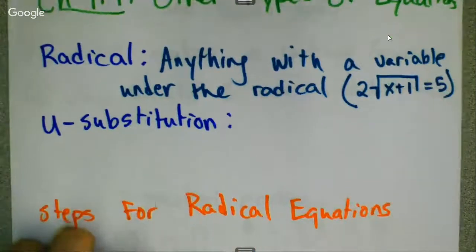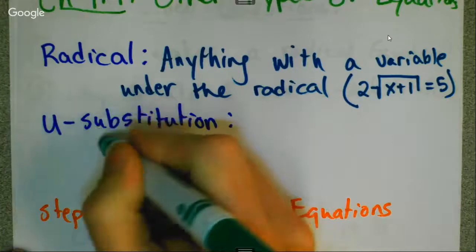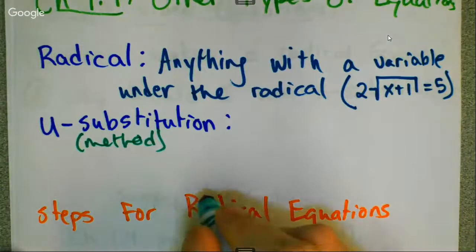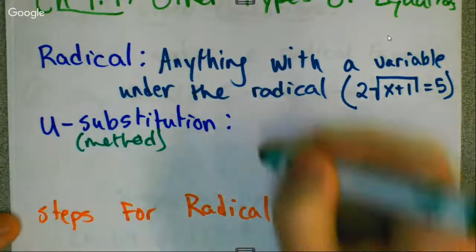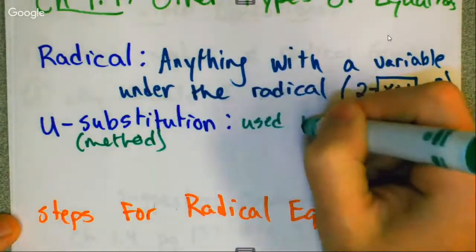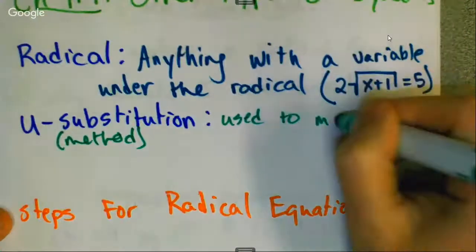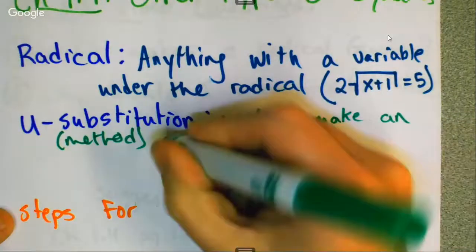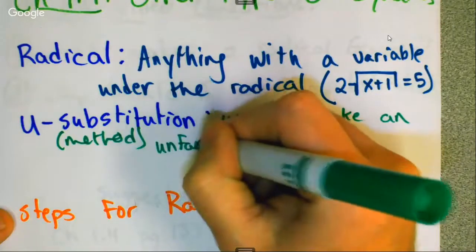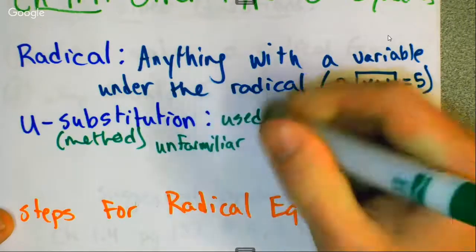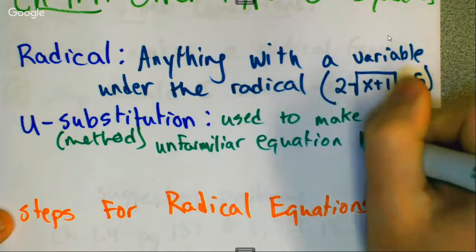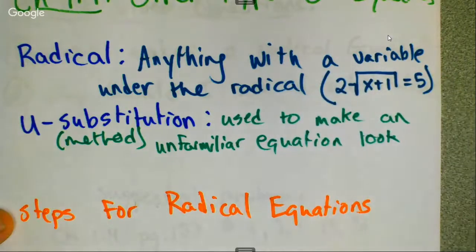Okay, u substitution. That's not really a type of equation. It's more or less a method used for solving. So you use substitution to make an unfamiliar equation look familiar.